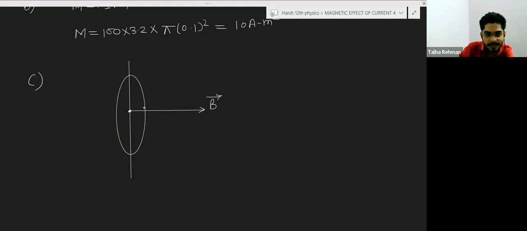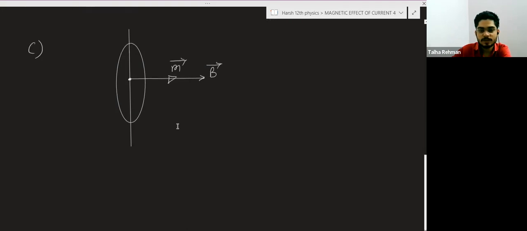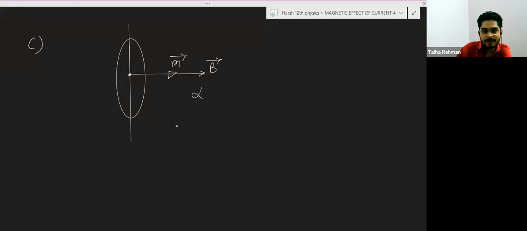So this is the plane of the coil, and the magnetic moment will be perpendicular to it. So angle alpha will be 0 degree.